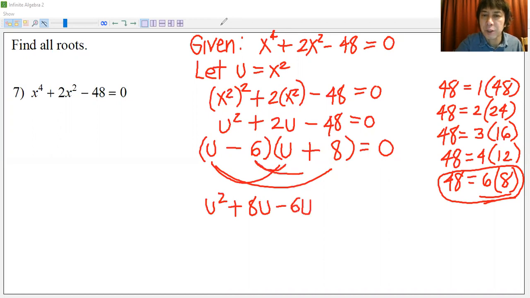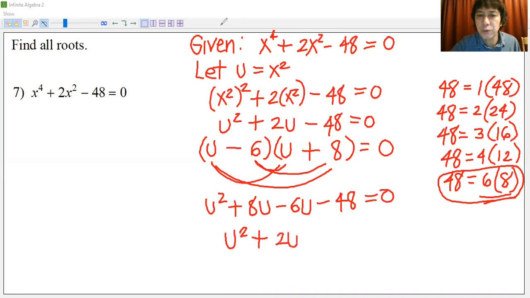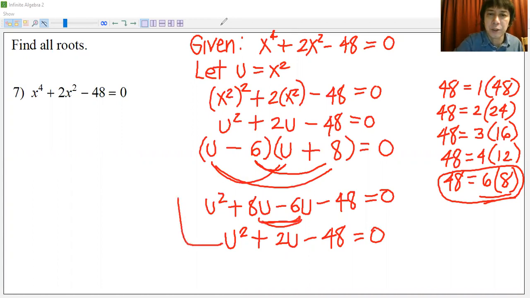And then negative 6 times 8 is a negative 48. When you simplify this, it gives you U squared plus 2U minus 48 equals 0. The middle term gives you a positive 2U, and you will notice it returns back to that part. So that means the factors U minus 6 and U plus 8 are the right factors.